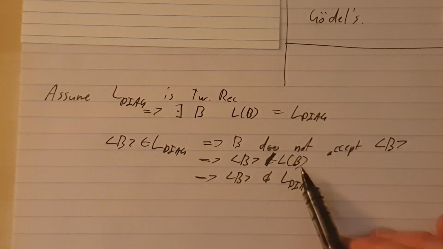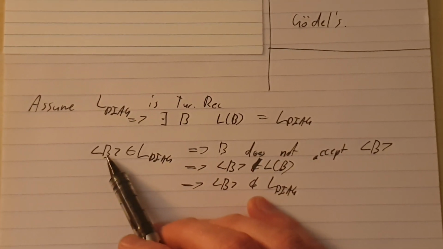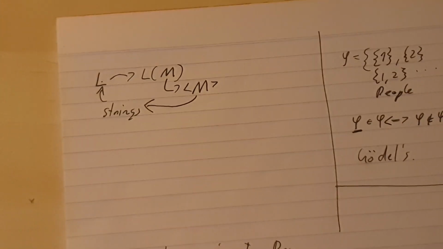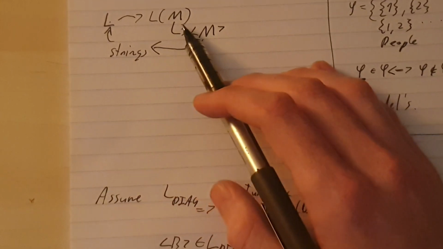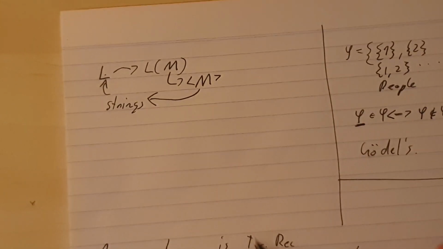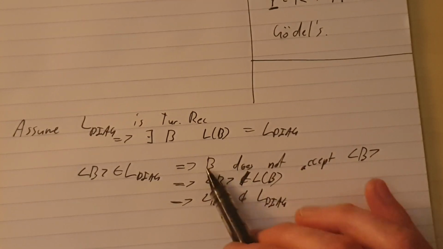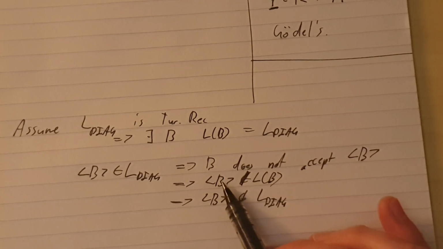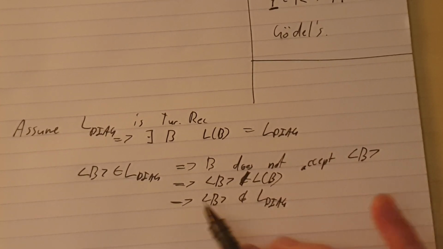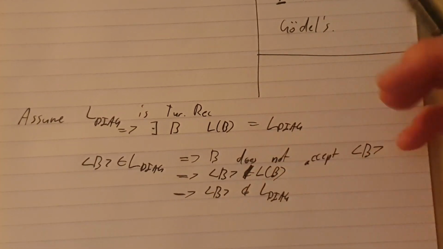We have to go through two steps because we move through the representations that we're working with. We go from thinking of it as a language to thinking of it as a machine to thinking of it as an encoding, and then thinking what that encoding must represent as a machine and what that must mean about the encoding in the language. So we have to move through those layers, but we get the same looping contradiction.